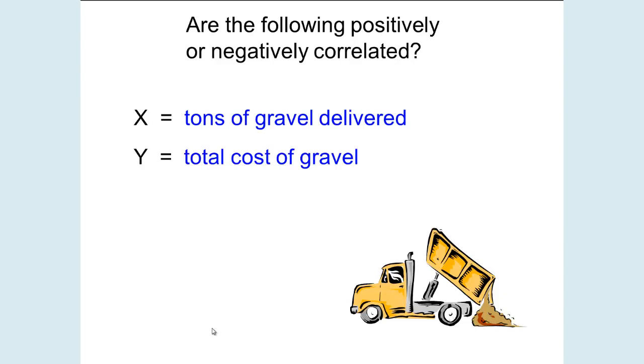Negatively correlated relationships mean that as x increases, y decreases, they're moving in opposite directions, or if x decreases, y increases, they're again moving in opposite directions.